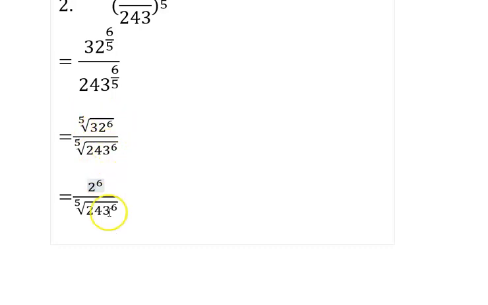So raised to power 6. So also here, what number are we going to multiply in 5 places that will give us 243? It is very simple. 3. Because if we say 3 times 3, it will give us 9. 9 times 3, it will give us 27. 27 times 3, it will give us 81. 81 times 3, it will give us 243. So here we will now say 3 raised to power 6, because it is 3, we will multiply 5 times, that will give us 243.